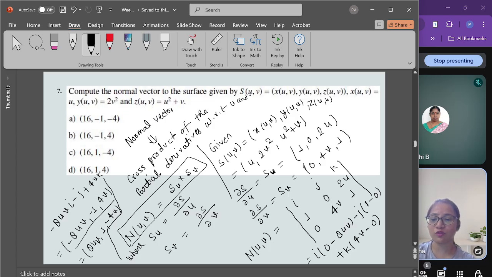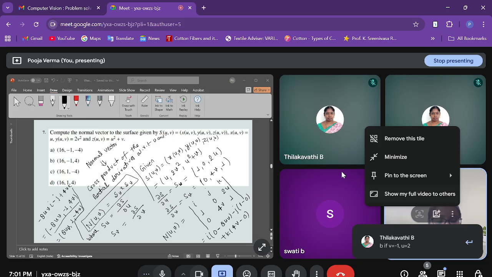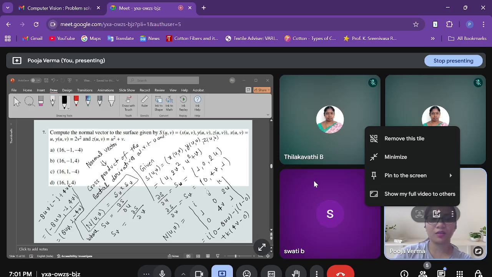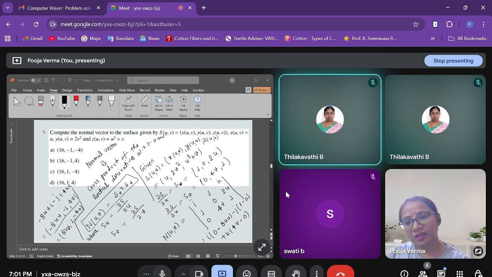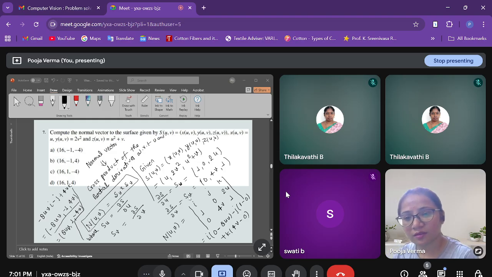So what values can we put here for u and v? Okay, if we put v is equal to 1 and u is equal to 2. Yeah.